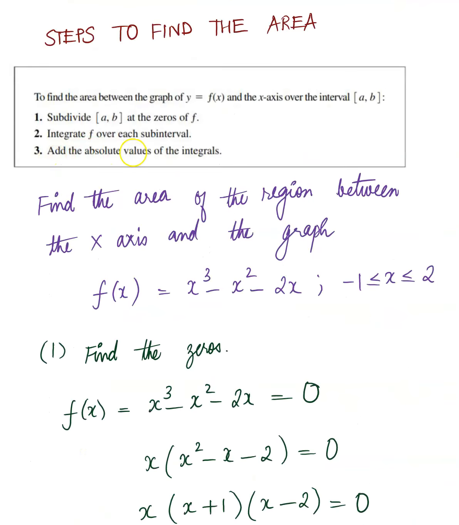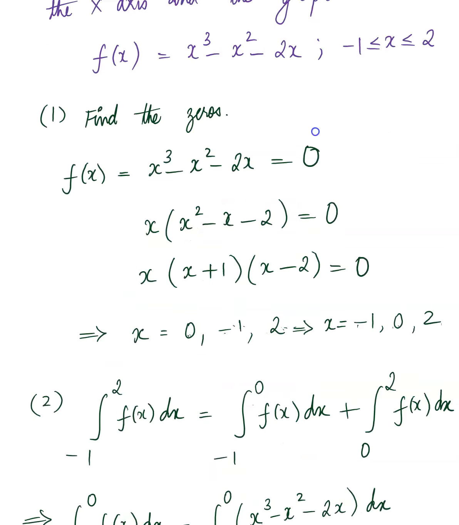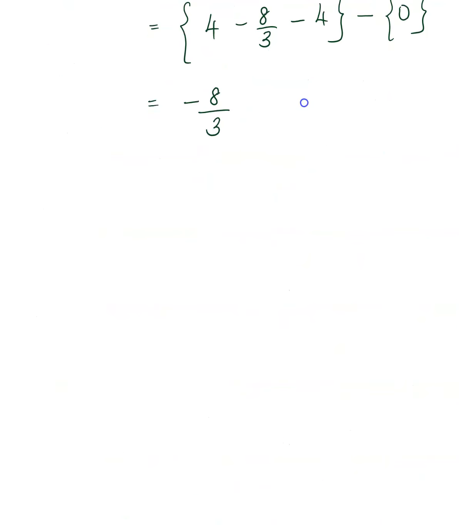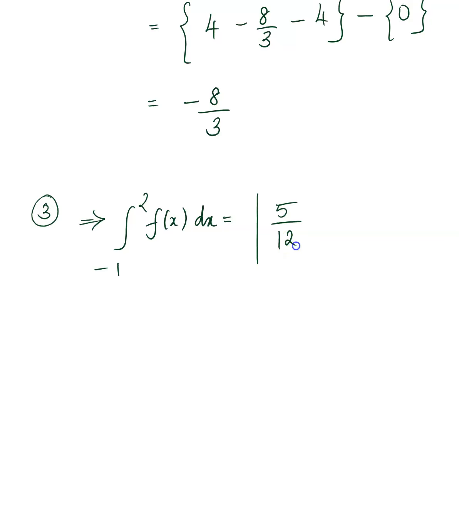Then the third step is to add the absolute values of the integrals. So the third step is: the integral from negative 1 to 2 of f of x dx will be the absolute value of 5 over 12, the first subinterval, plus the absolute value of the area from the second subinterval.